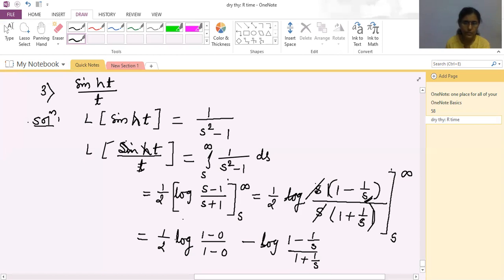So in the first term s is replaced by infinity, in the second term s is replaced by s. Now 1 minus 0 is 1, 1 minus 0 is 1, 1 by 1 is 1. That means it is log of 1, isn't it? Minus, here we cross multiply the terms.